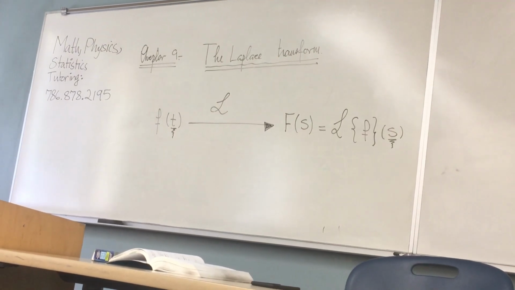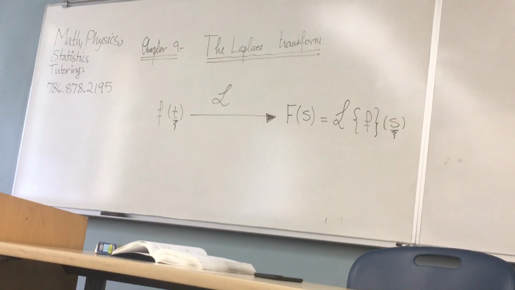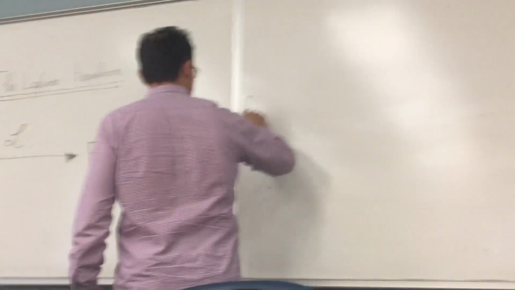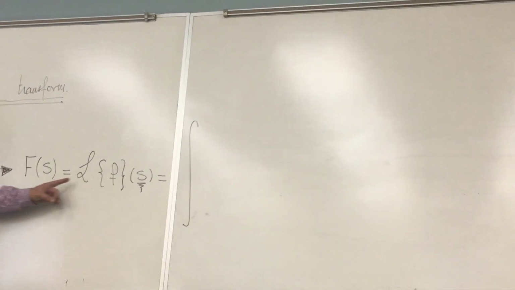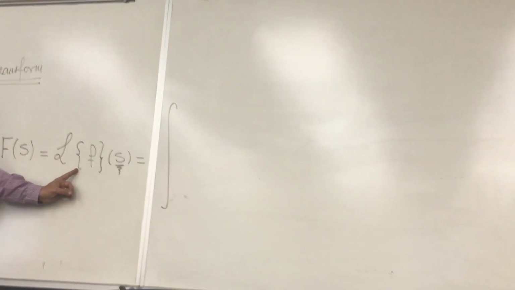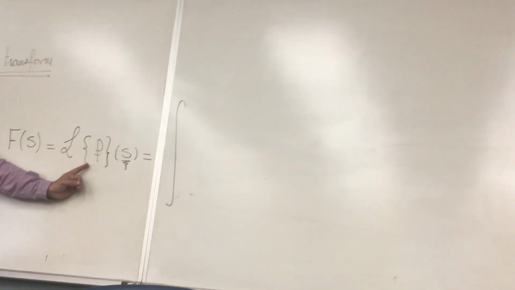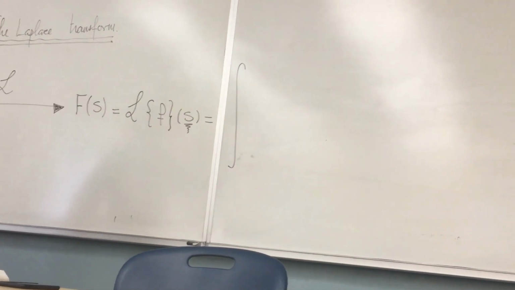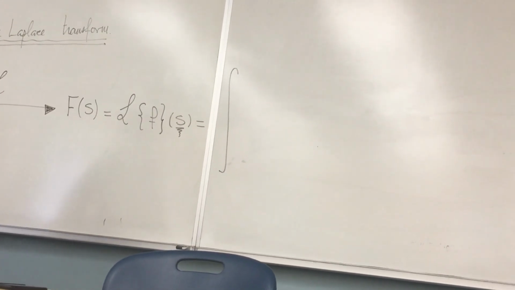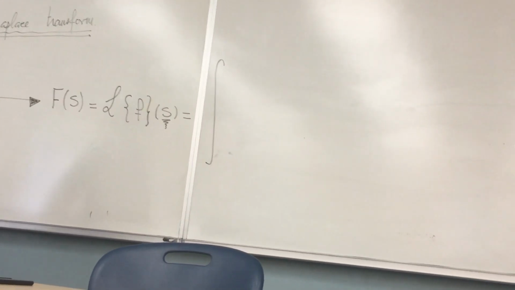Time. Okay. So now, how do you compute the Laplace transform of a function little f(t)? It is going to be defined as a function of s in terms of one of those integrals that you saw in calculus 2 towards the middle.